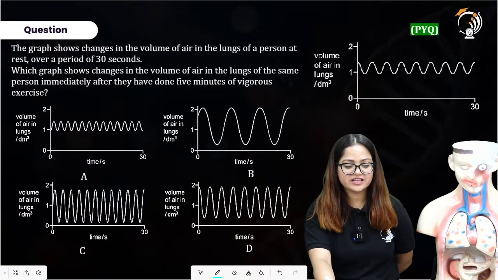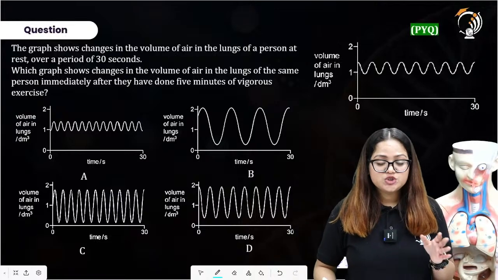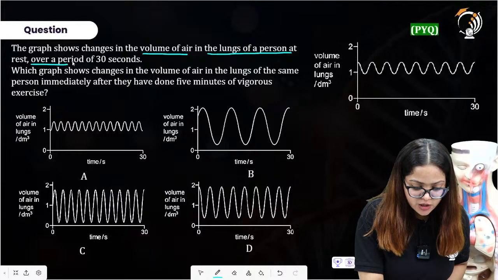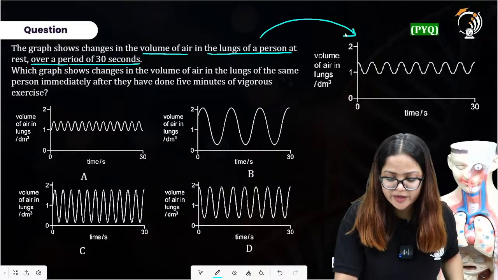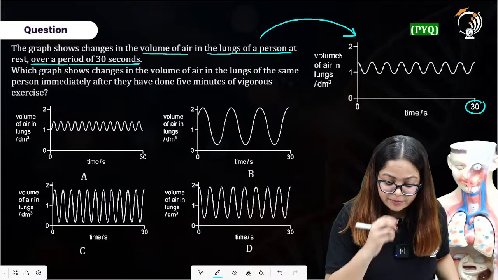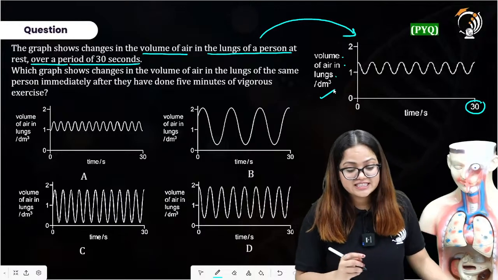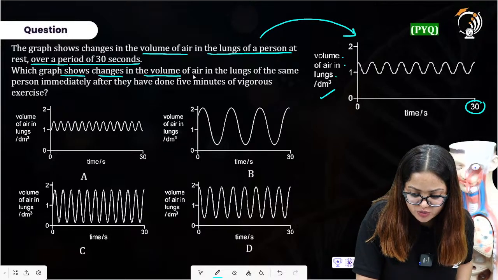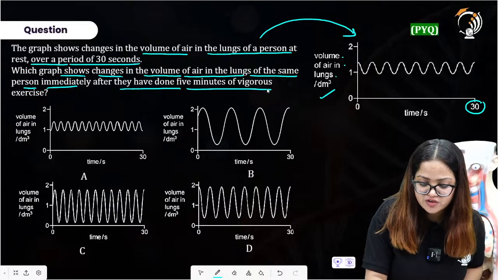Now this is the question that requires your attention. Try to solve it. The graph shows changes in the volume of air in the lungs of a person at rest over a period of 30 seconds. This is the graph we are referring to. It has time of 30 seconds, and the y-axis represents volume of air in lungs in decimeter cube. Which graph shows changes in the volume of air in the lungs of the same person immediately after they have done 5 minutes of vigorous exercise?